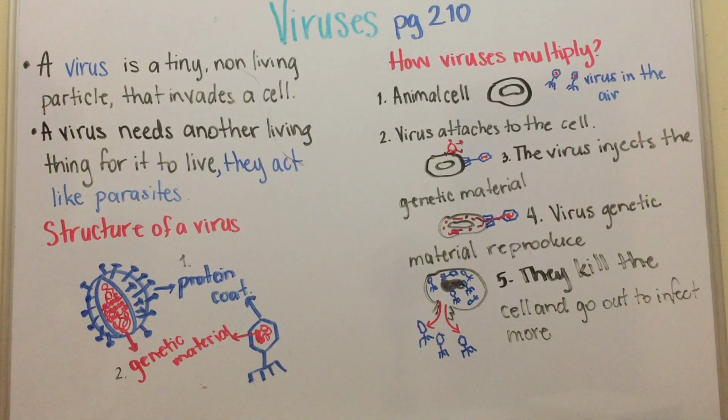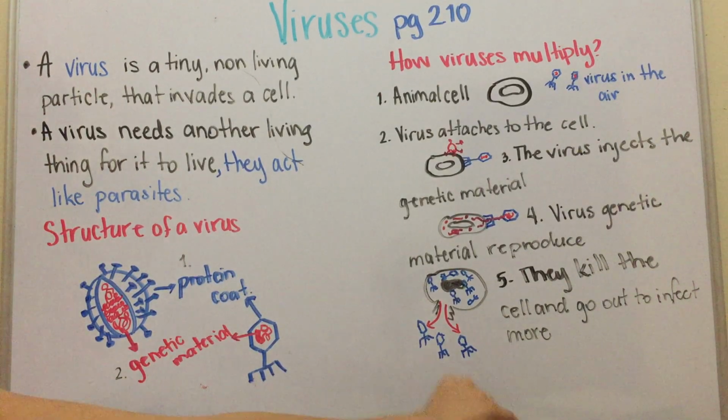We have many different types of viruses. Viruses can cause different diseases. For example, if you have the chicken pox, which is varicella, that's a virus. And if you get it, probably all your classmates are going to get it. Or the influenza virus or coronavirus, all right? They're all different types of viruses.